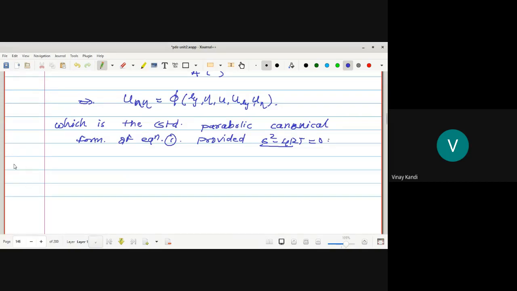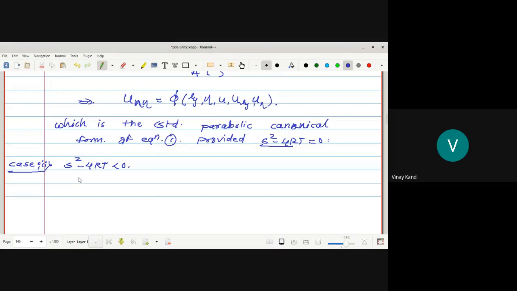Okay, and in case number third, if s square minus 4rt is less than 0, then the given second order partial differential equation is in the elliptical form. Okay, we will see this in the next lecture.